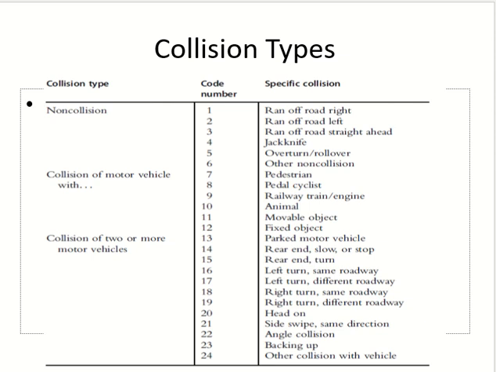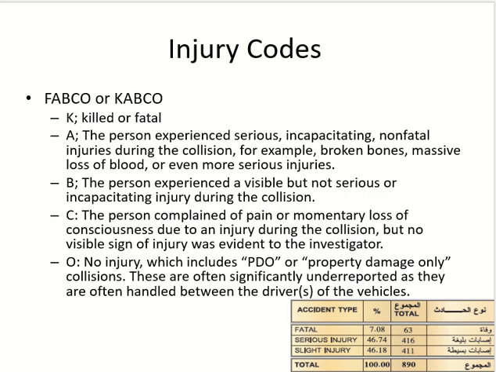Then collision of a motor vehicle with one of them, or collision of two or more motor vehicles, and in this case you write how they collided with each other: rear end, side on, angular, head on, and so on and so forth. Then we have the injury codes. This depends upon the severity of the collision.